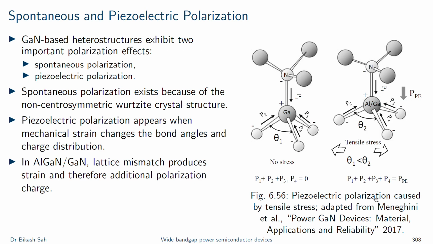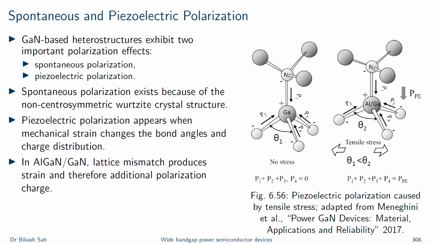Now, there are two polarization mechanisms that we must distinguish carefully: spontaneous polarization and piezoelectric polarization. I think a few of you might have some idea what these could be. Spontaneous polarization exists even when there is no external strain, because wurtzite GaN lacks inversion symmetry.